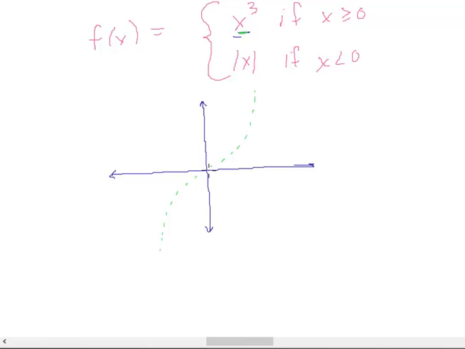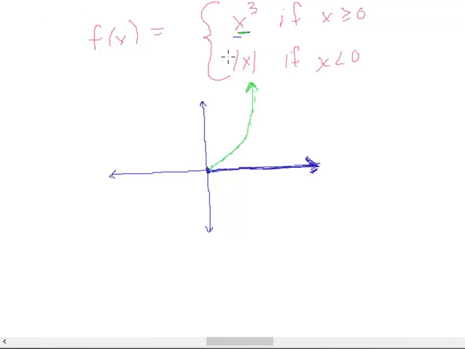So that means I want this piece of the x-axis. I'm concerned with x values starting at 0 and going to the right. So when x is any one of these, it's going to look like x cubed. So I'm going to go ahead and darken in x cubed for all x values greater than or equal to 0. So we actually won't need this piece of the graph. We can erase that.